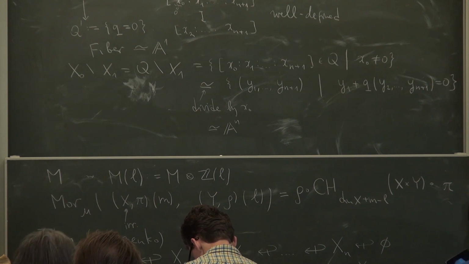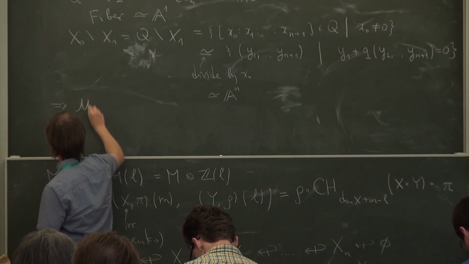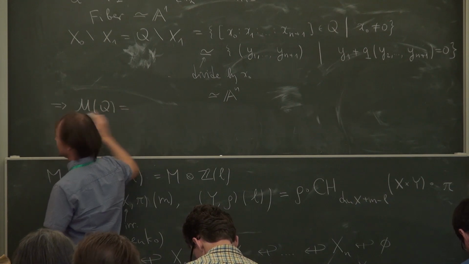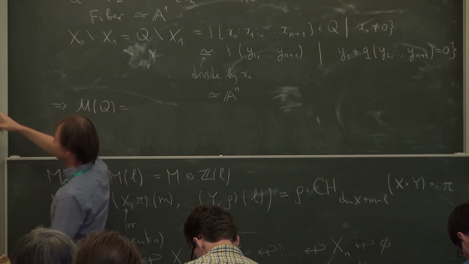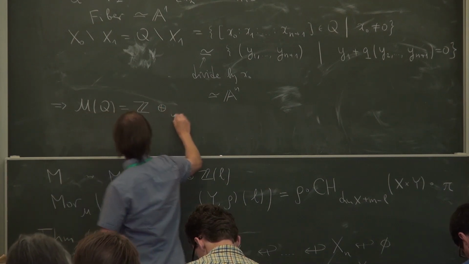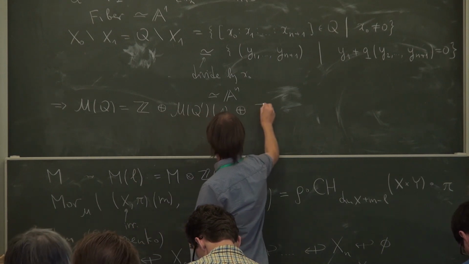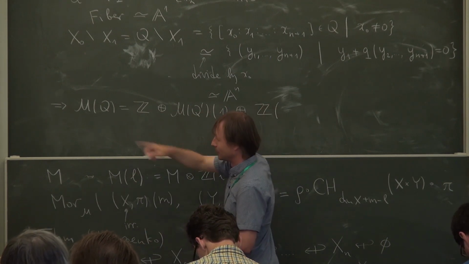So it follows that the motive of this Q is, well, let's do it from the right: Z plus the motive of Q prime shifted by 1 plus the Tate motive shifted by n.